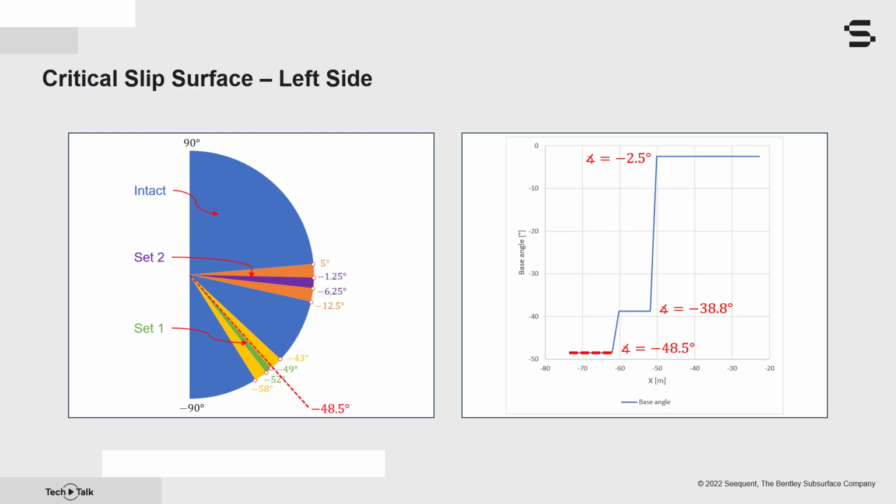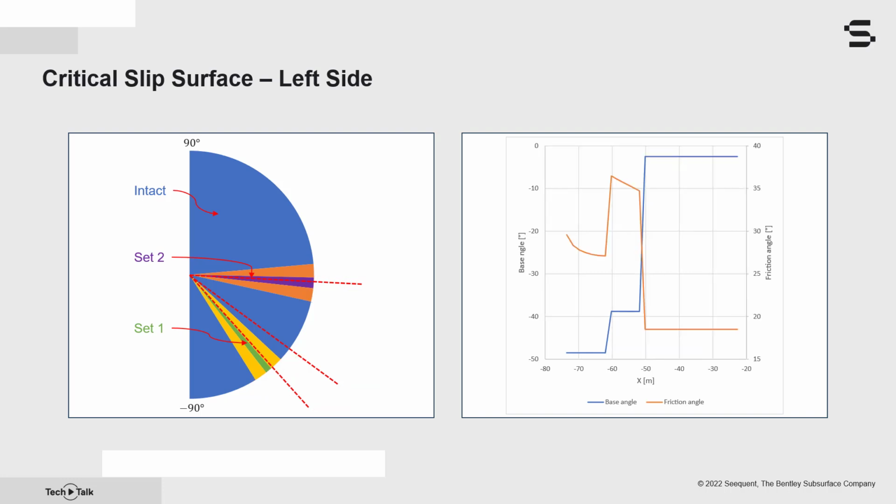The base angle of the first part of the slip surface is negative 48.5 degrees, which falls into the transition from the first joint set and the intact material. The base angle of the middle part of the slip surface is negative 38.8 degrees, which falls into the intact material. Finally, the last part of the slip surface has a base angle of negative 2.5 degrees, which falls directly into the second joint set material.